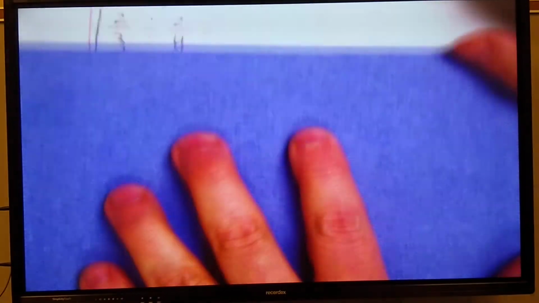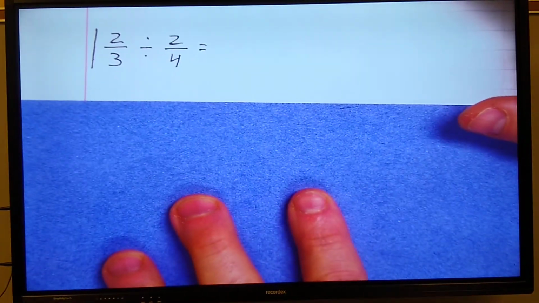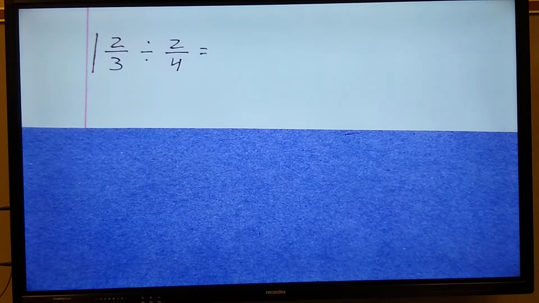All right, let's see if you remember what to do if a mixed number is your dividend. Solve that problem now. Pause the video. All right, let's see how wonderful you did.